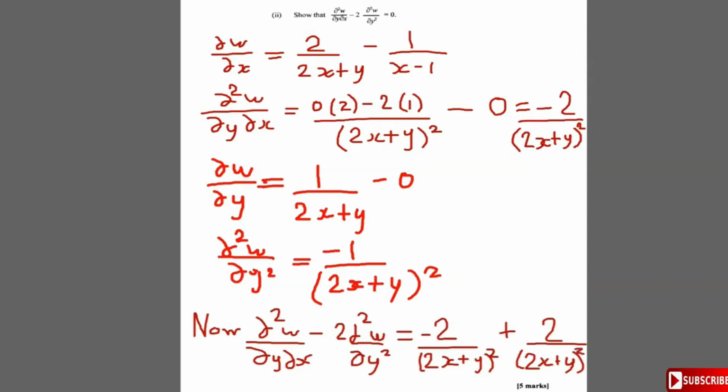So here it is indeed 0. That takes care of this question. Nice and easy.